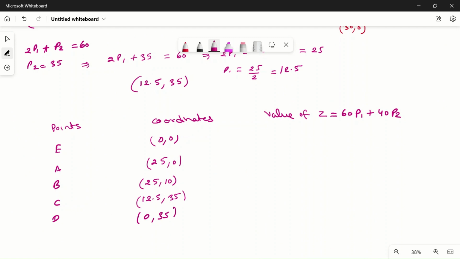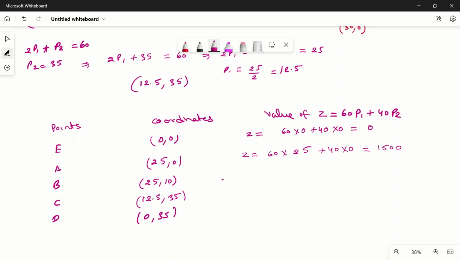Now we will find the value of Z here. Z is equal to 60 into 0 plus 40 into 0, which is equal to 0. At point A it is 60 into 25 plus 40 into 0, which will be equal to 1500.